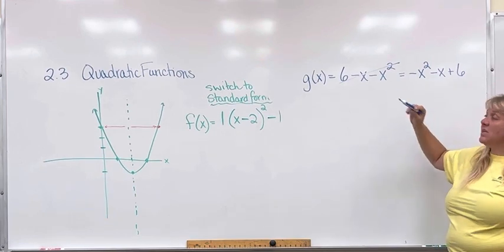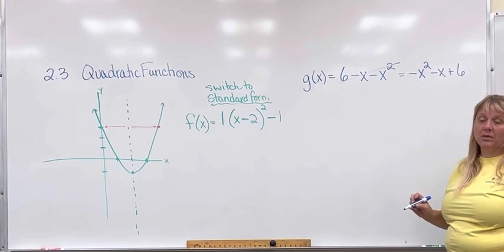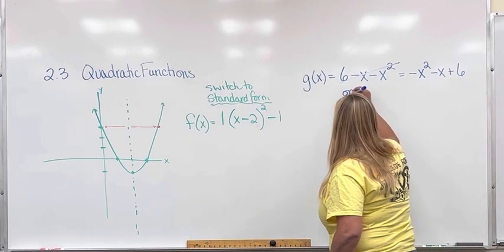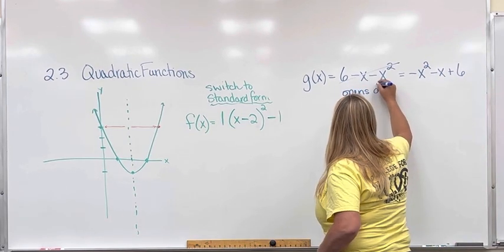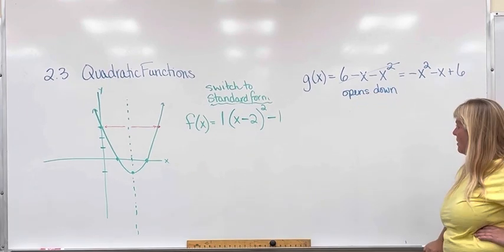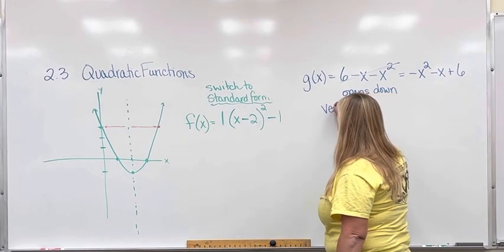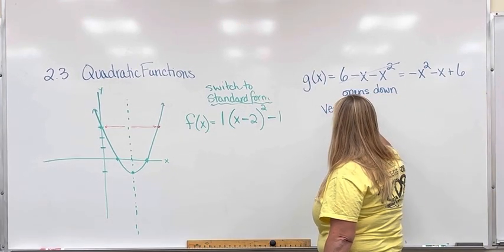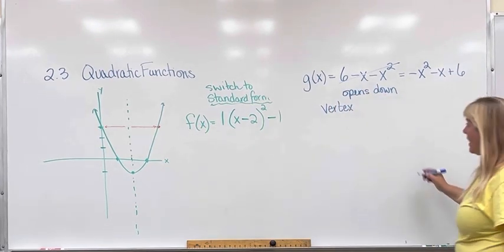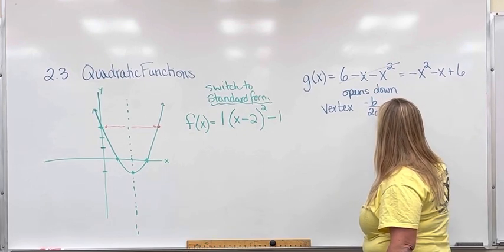Now they were trying to mislead you with this form so that you didn't realize how this parabola opens. And it opens down, doesn't it? So that's an important piece that we need to know. Now, our vertex here is going to be the negative b over 2a again, and we have some negative signs going on.